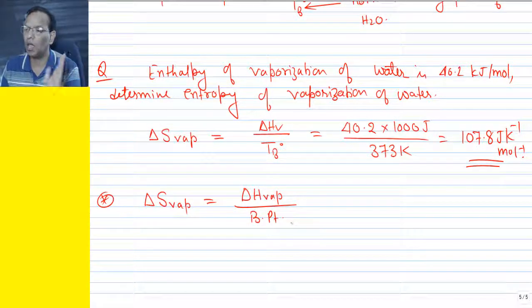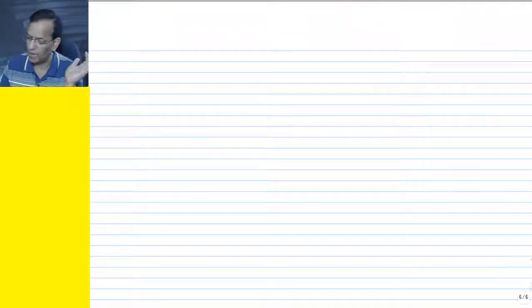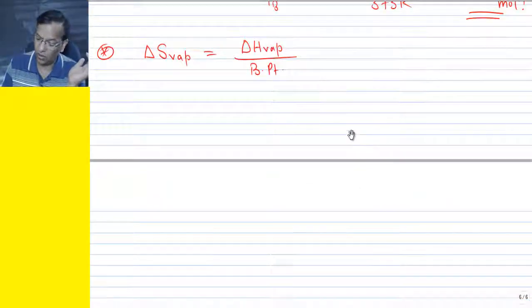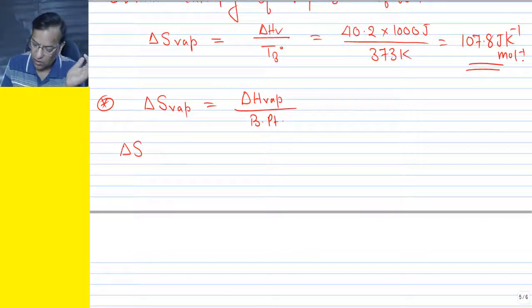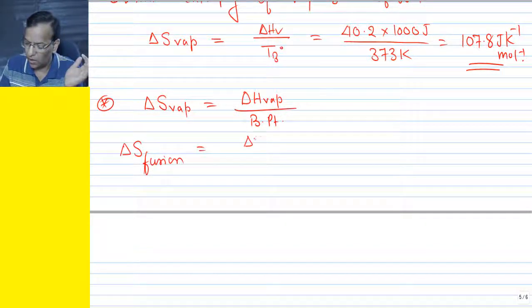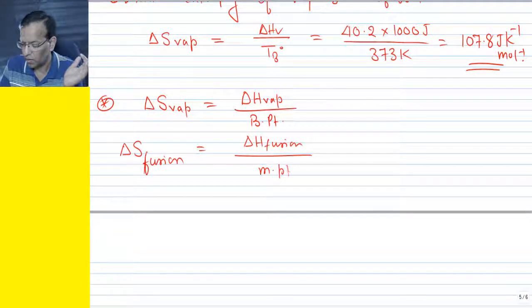This is true for any phase transition, like in case of fusion. In case of fusion, we can say that entropy change of fusion is equal to enthalpy of fusion divided by melting point.